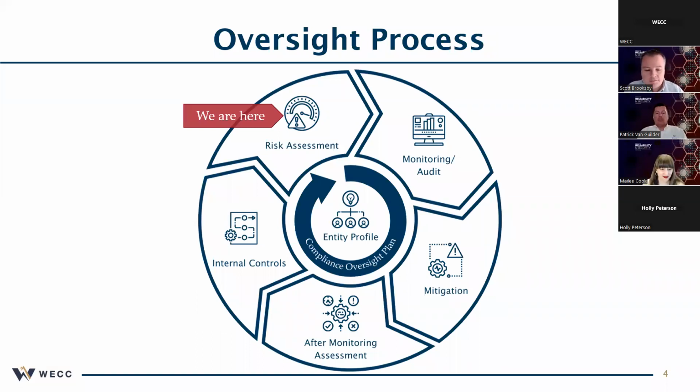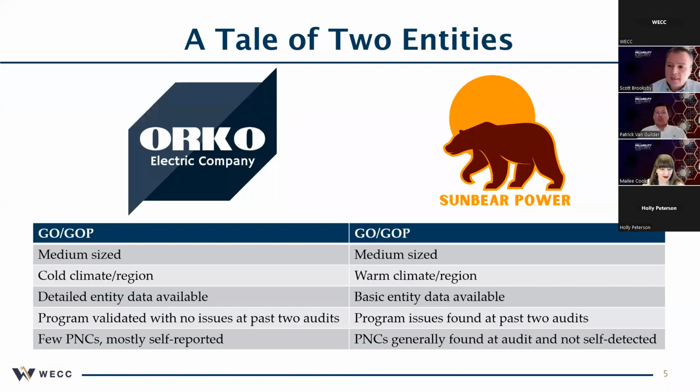It's not the main meat of what WEC is required to do from an oversight plan perspective. All of the activities on this wheel are critical to making sure we execute on that for all of the entities. But for today's purposes, we're going to focus on this risk assessment. That's the we-are-here part of it. So, next slide.